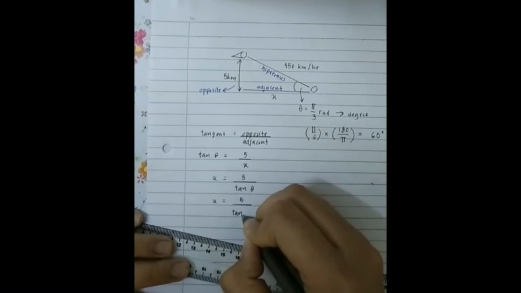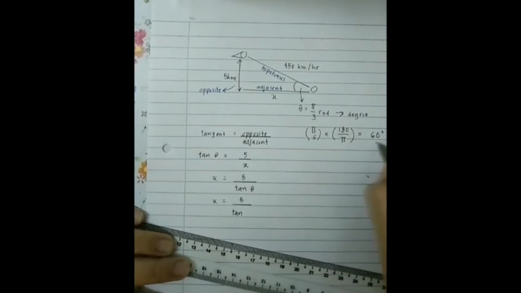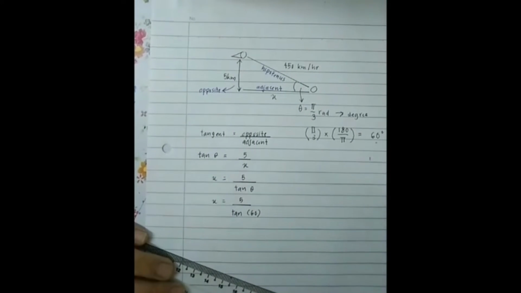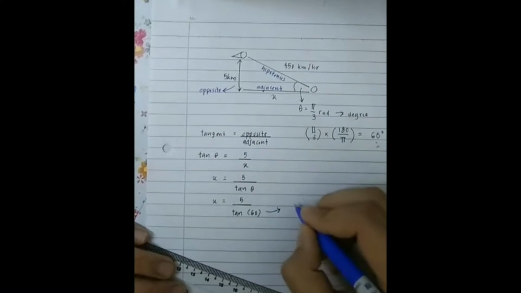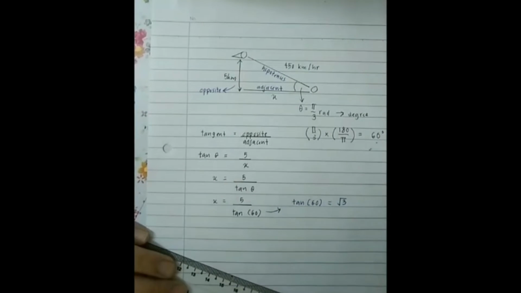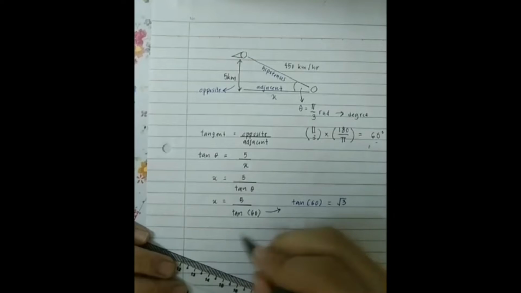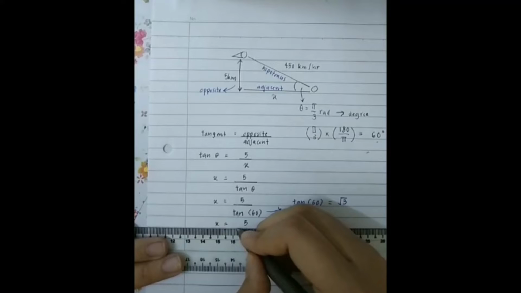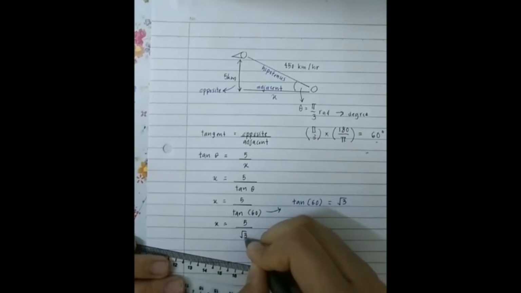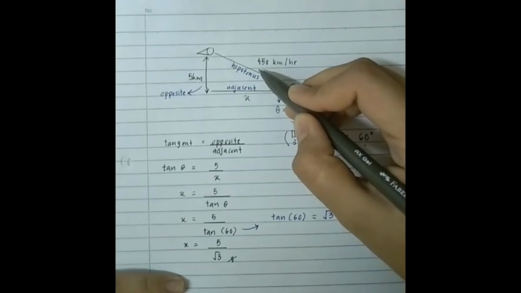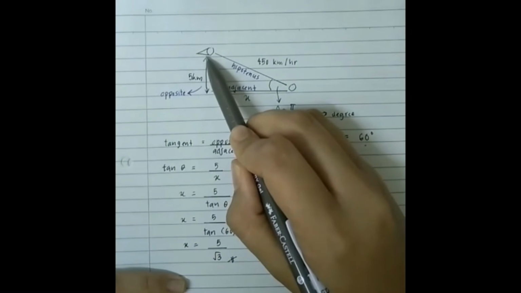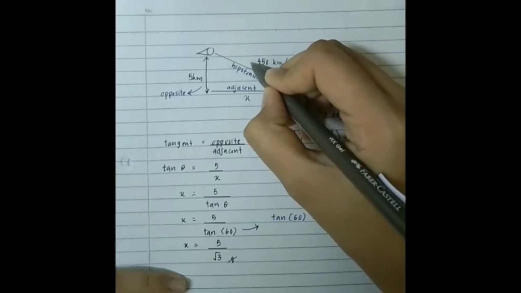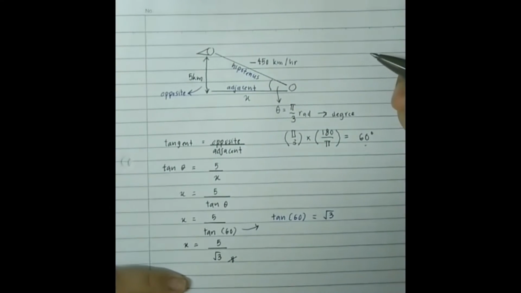Substitute with 60 degrees, which is x equals 5 over tan 60 degrees. Like we already know, tan 60 is equal to square root 3. So we just substitute tan 60 with square root 3. For this value, the airplane is going down to approach the camera, so dx/dt will become negative 450 km per hour.